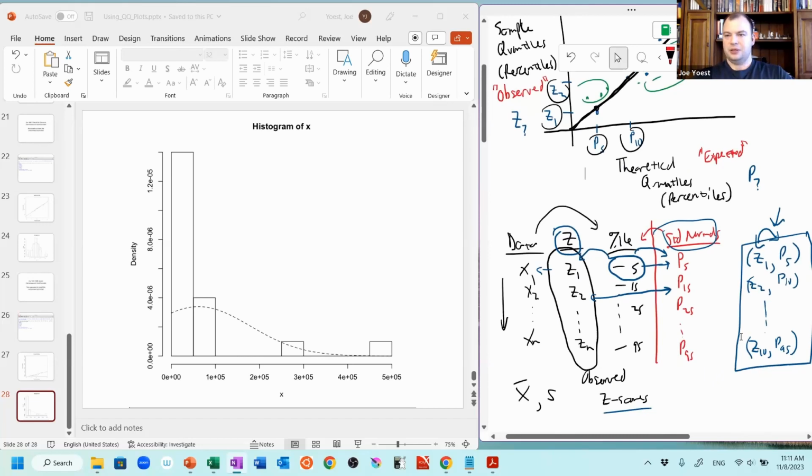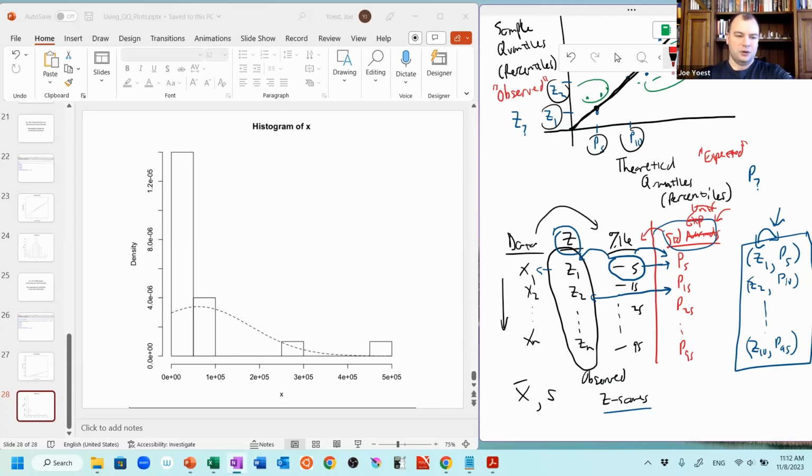But for these theoretical quantiles over here, these percentiles, could I have, instead of comparing these to the 5th and 15th or whatever percentile of a normal, could I have compared it to an exponential distribution or to a uniform distribution? Sure, I could have done that. I can actually use a QQ plot to compare my data to any theoretical distribution I want to see if I get good adherence on that 45-degree line.